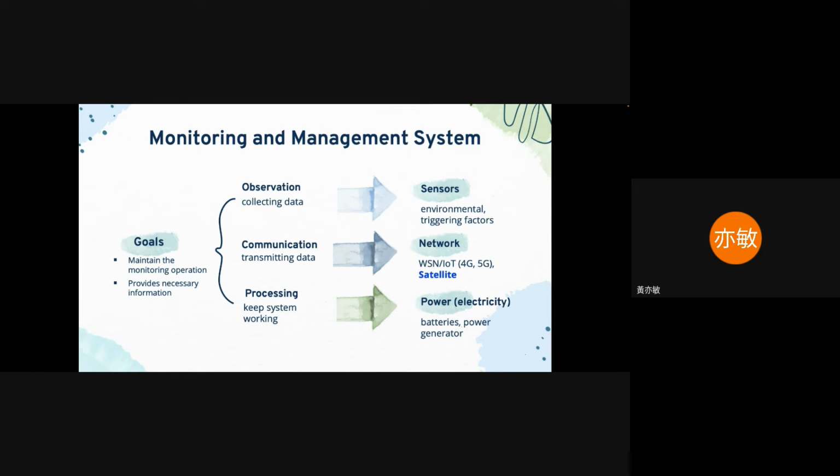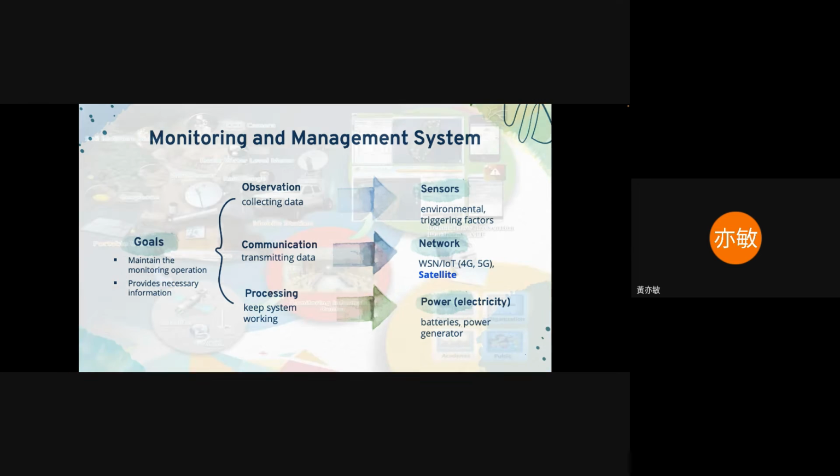Today, we rely on our cell phone network, but sometimes we rely on satellite images and satellite communications. And we also want our sensors to monitor the data 24 hours a day, 7 days a week, nonstop. So then we need to design our batteries or power provider.